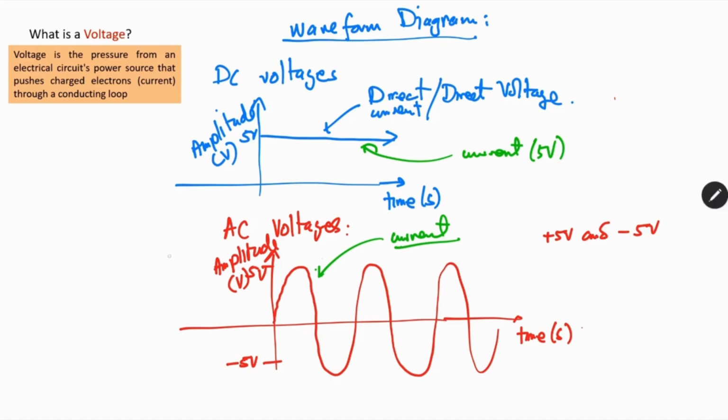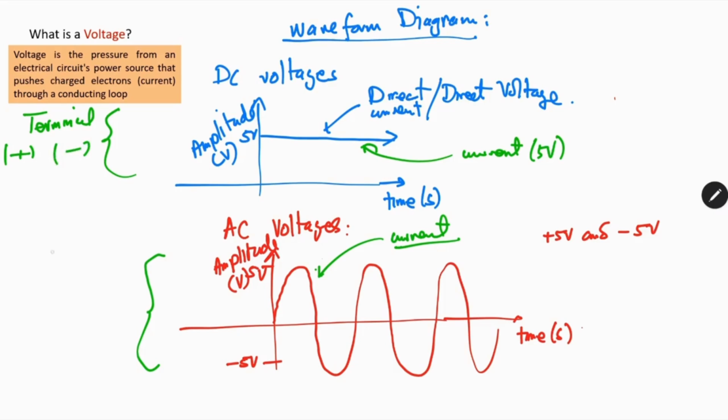That means for the AC, what do you think will happen to these AC voltage sources? Because from the DC, we can see that if we have positive 5 volts, the terminal must be specified. The positive must always be connected to positive, and negative must be connected to negative.